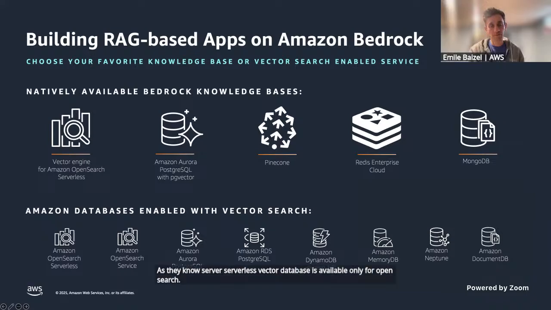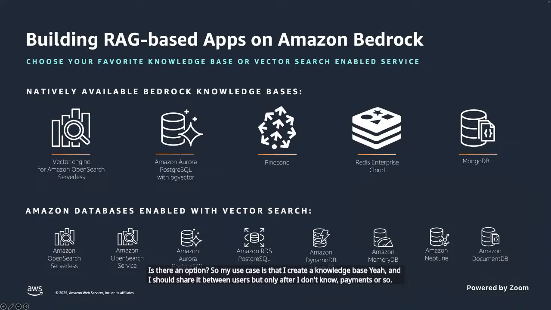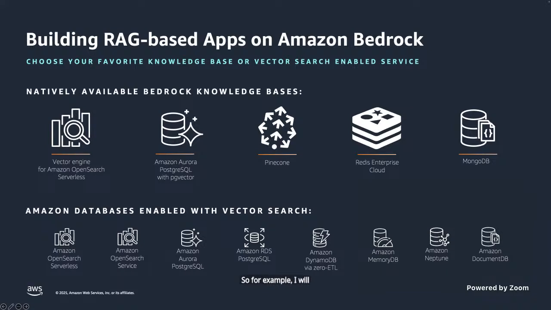My use case is that I create a knowledge base and should share it between users, but only after some payments. For example, I will see that for this user we have such a number of vectors. It's like white labeling or partitioning a vector knowledge base.